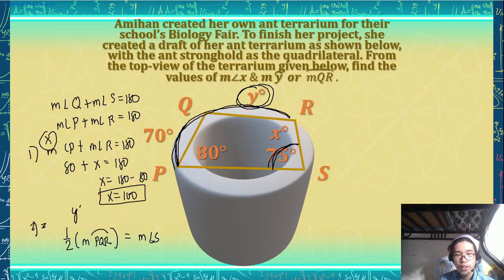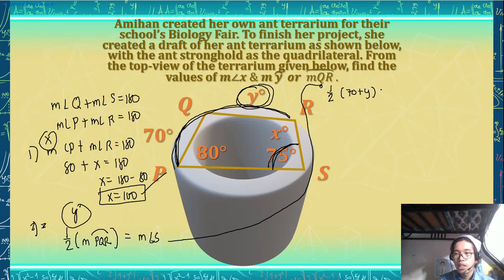So one half the measurement of PQR is one half of 70 plus y, which should give us 75. We can multiply both sides by 2 to cancel the one half, so 70 plus y is equal to 75 times 2, which is 150.